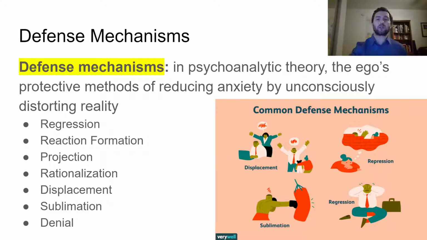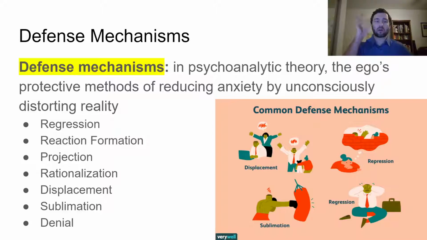So I'm going to give you a general idea of what defense mechanisms are, but we'll talk about them more specifically in class. Defense mechanisms in general is a theory that the ego uses protective methods to reduce anxiety by unconsciously distorting reality. Now, there's a bunch of different ways that we do this, and again, this is what's really important.